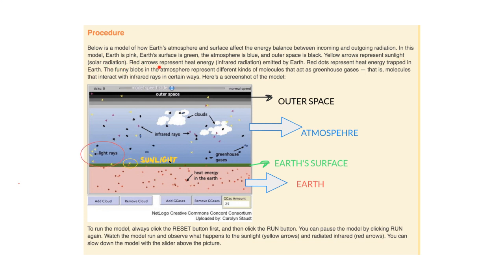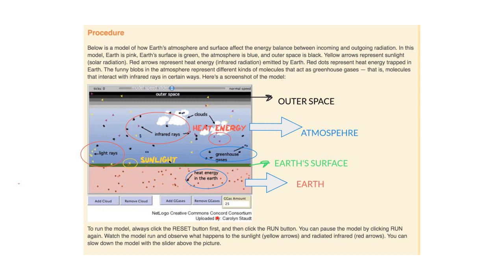The red arrows represent heat energy, that is infrared radiation emitted by Earth, and that's coming out. Red dots represent heat energy trapped in the Earth. The funny blobs in the atmosphere represent different kinds of molecules that act as greenhouse gases. That is, molecules that interact with infrared rays in certain ways.